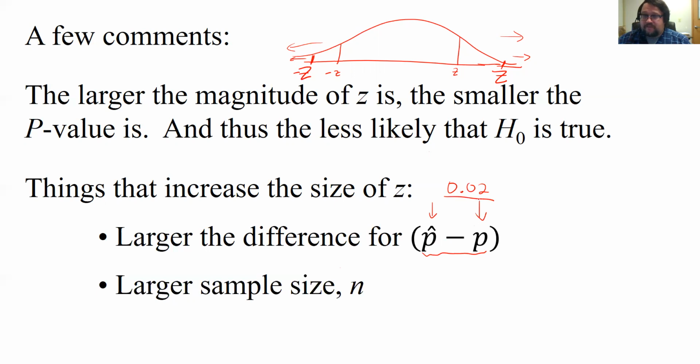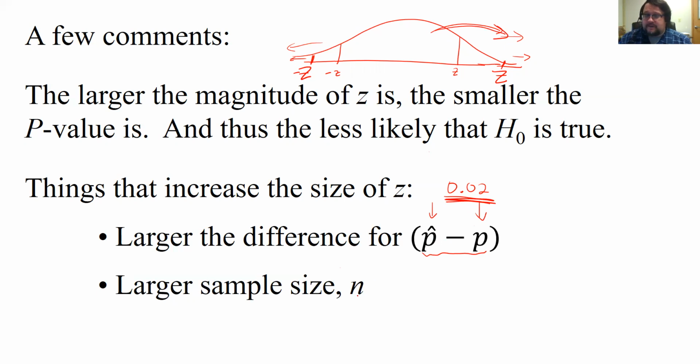So even if this part is the same size, if my sample size gets bigger, that's actually going to push me farther away, because it's going to say, oh, you're not super close to the population proportion that we predicted, and you have a big sample, that means the predicted value is less likely to be correct.